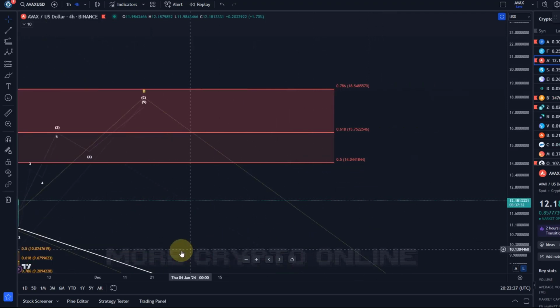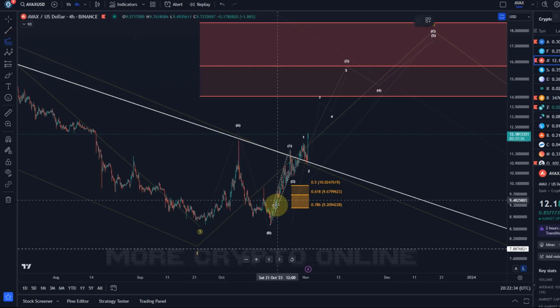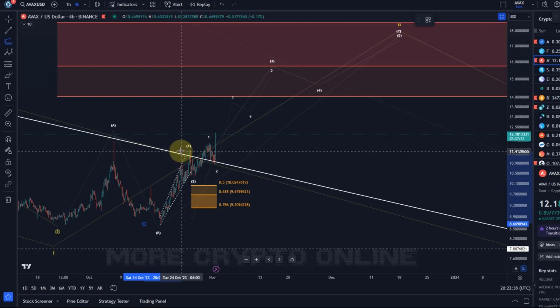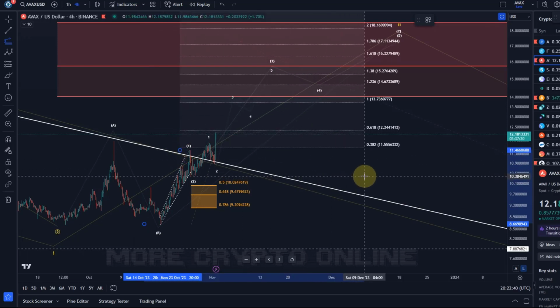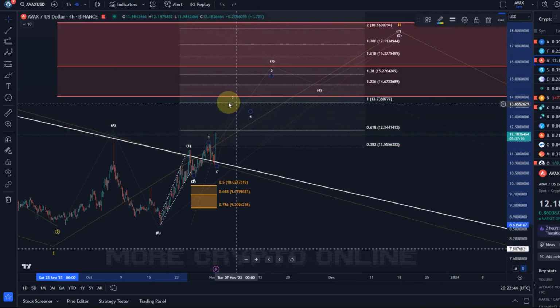Okay. And what would be the target for this third wave? To measure that, we take the length of wave 1. We go to the low of wave 2, which was quite short. And then what we would expect is, at a minimum in the third wave, $14.60. So the 1.236 fib extension would be ideal.